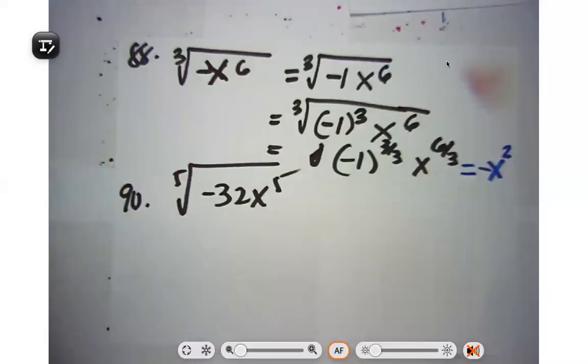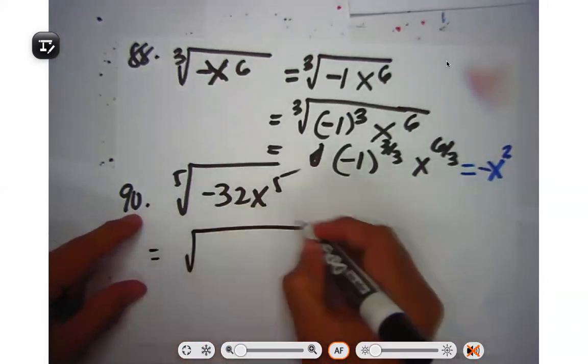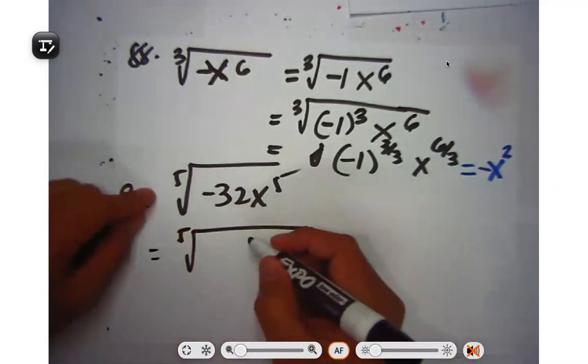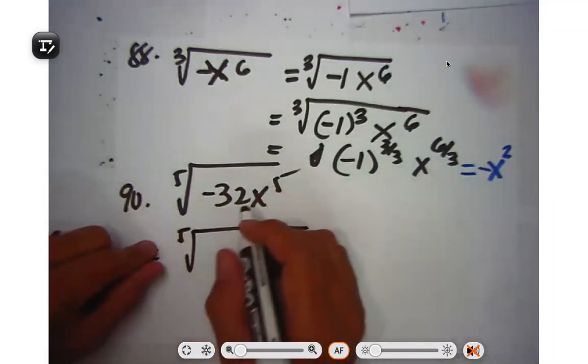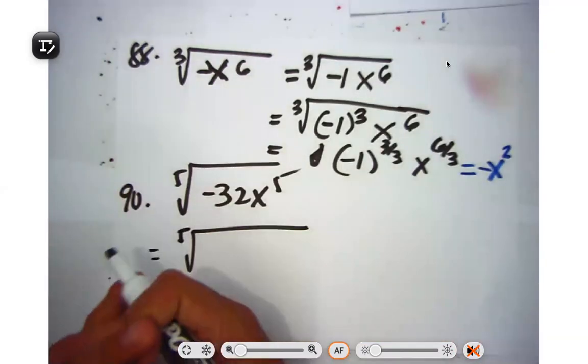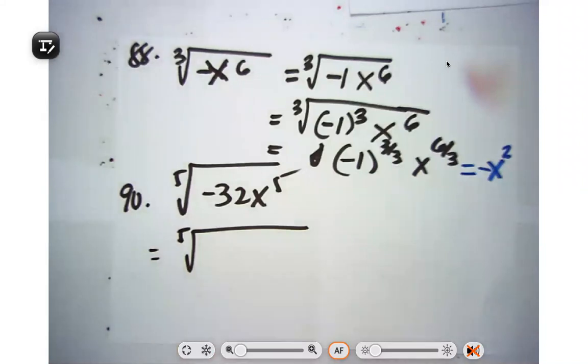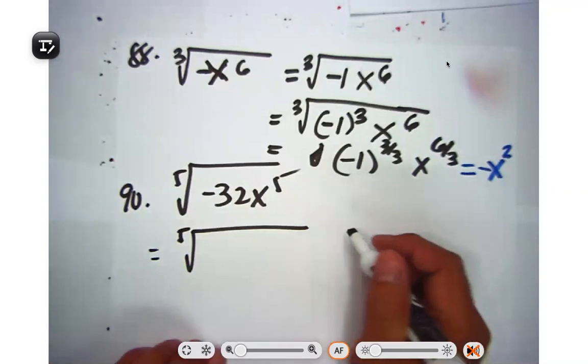Fifth root of negative 32x raised to 5. Let's think of that negative 32. What number will give you negative 32 when you multiply it 5 times? We've seen the powers of 2 already, right? For 32, you can write it as 2 raised to 5. How about negative 32? Can you write it as negative 2 raised to 5? Yes, okay.